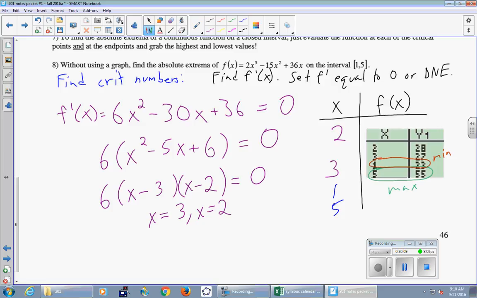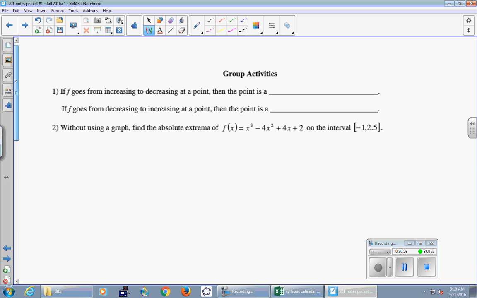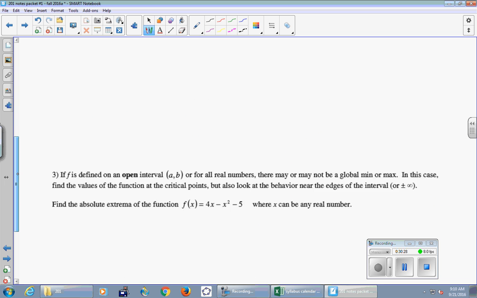We did that on the calculator over here. All you are looking for with this collection of y values is the highest and lowest points. Those are your minimum and maximum points, all right? So that's your process. It's a dead giveaway when you've got a closed interval given in the problem. Okay, skip ahead 2 pages, and let's see how far we can get in the activities.